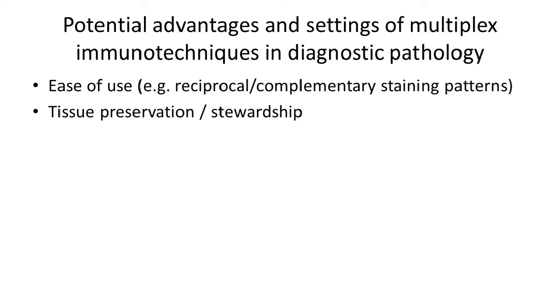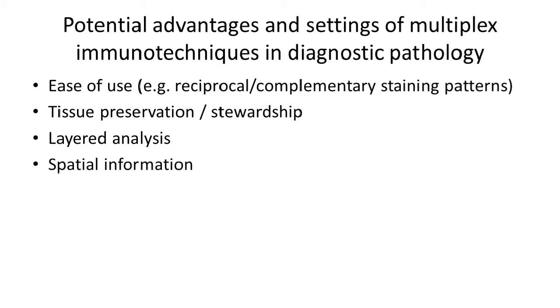Something else that could be interesting would be to use these methods in a setting where we have very little material available, and increasingly with this very little material we also have to do molecular techniques, so it would be very useful for tissue preservation if you only needed one section to do this stain rather than multiple sections as we routinely do at the moment. So that's important for the tissue stewardship role that we also have as pathologists. Make sure that we use it in the most correct manner.